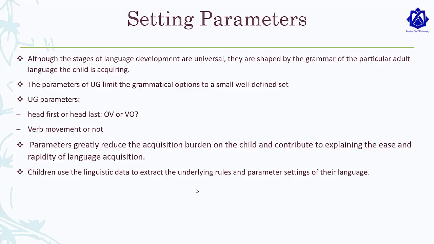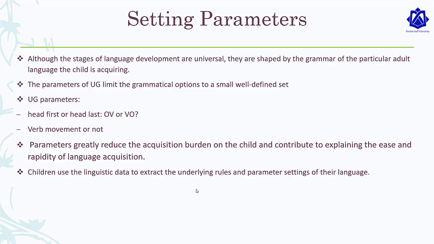Another part of that, so those were principles, the rules that are shared by all world languages. But besides what is shared by all languages, there are some features or structures that are specific to some languages and are not used in other languages.